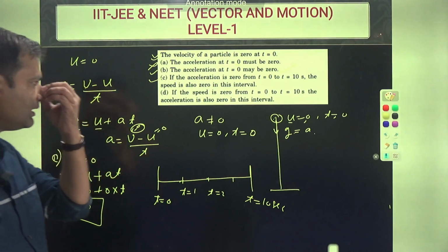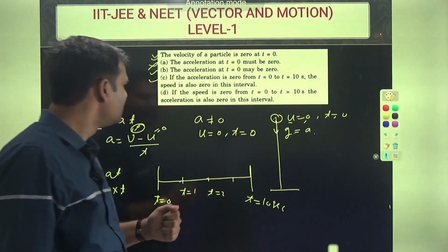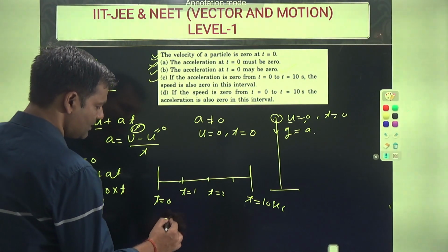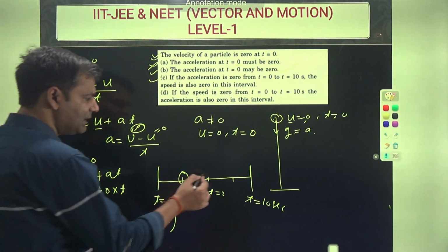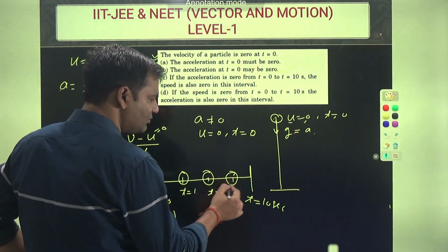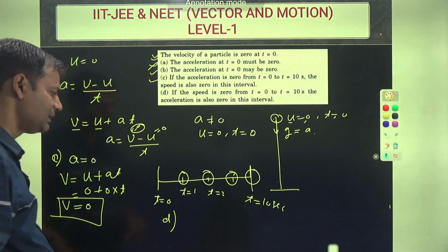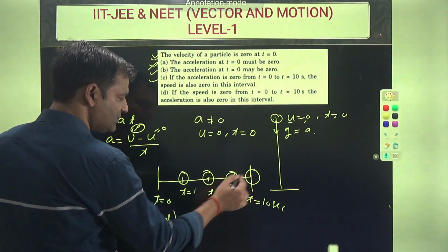Now the last one: if the speed is 0 from t = 0 to 10 seconds, the acceleration is also 0. The final speed at t = 1, 2, 3, up to 10 is 0.